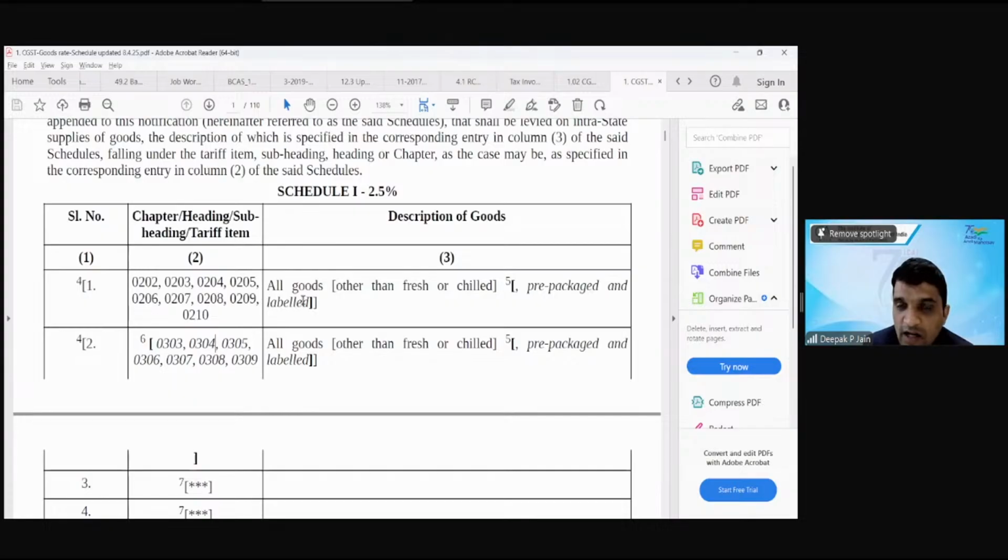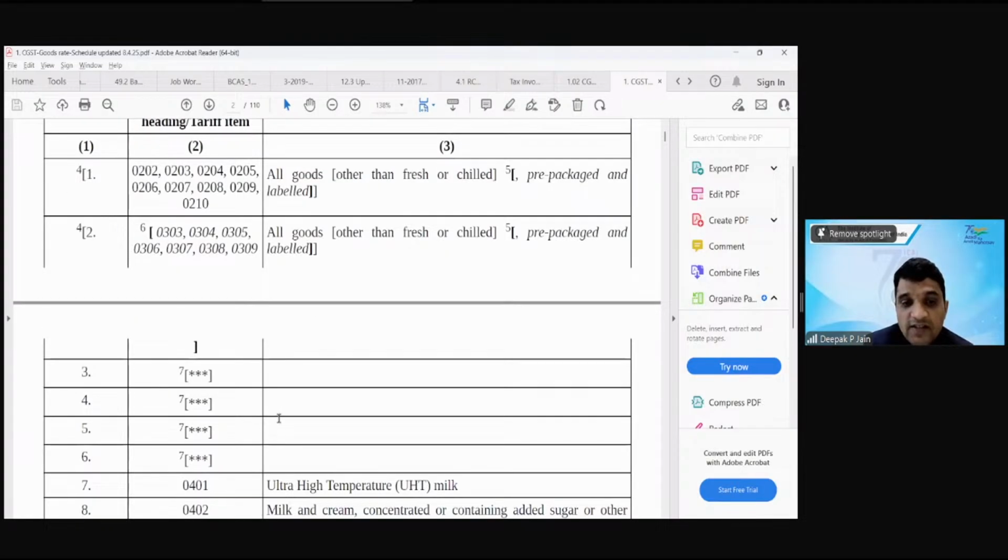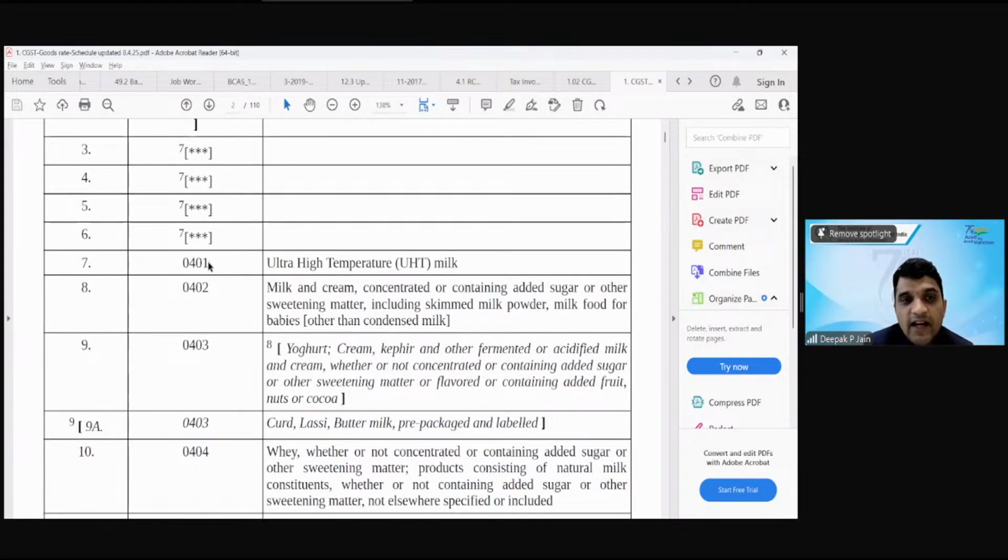If all goods is written, then all the goods under this HSN. थोड़ी जगह HSN दिया है और स्पेसिफिक डिस्क्रिप्शन दिया है तो फिर only those products will get covered. Okay, so these products which are given against the HSN, that is how you will get to know what is the GST rate for your product. So very important, you have to see the code and the description.